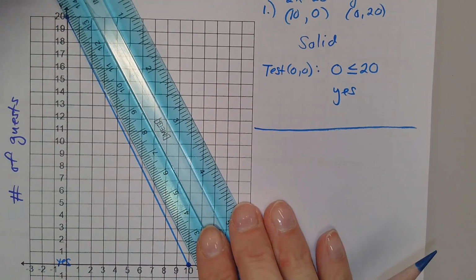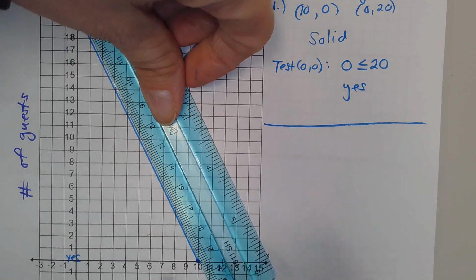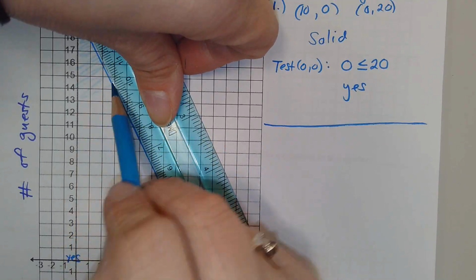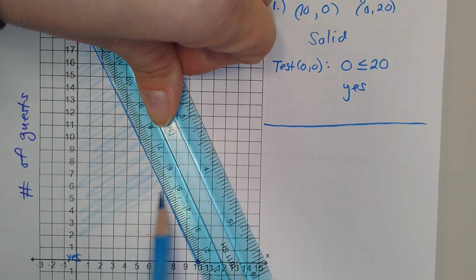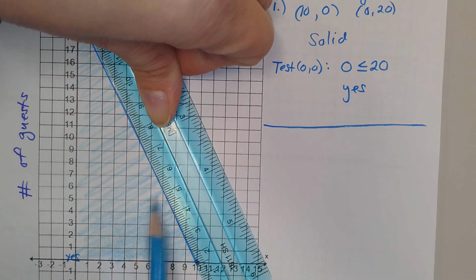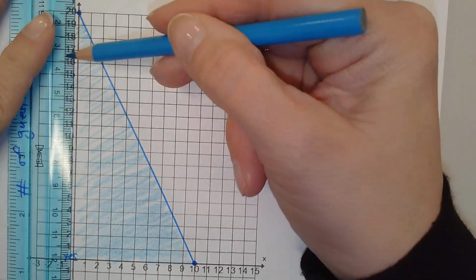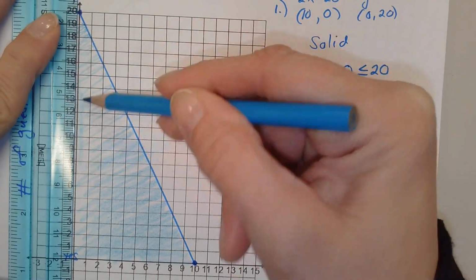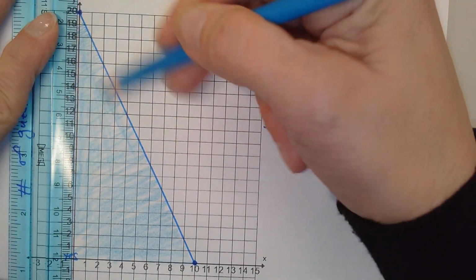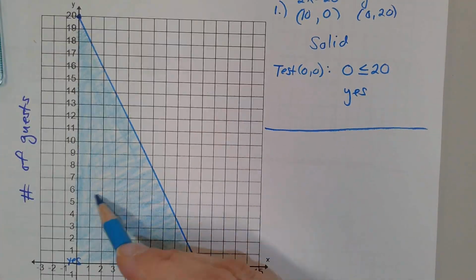But we're not going to color any negative people, so we're only going to color in this little triangle right here. I'll use my ruler to help me not color any negatives. And this is the solution region for the first inequality.